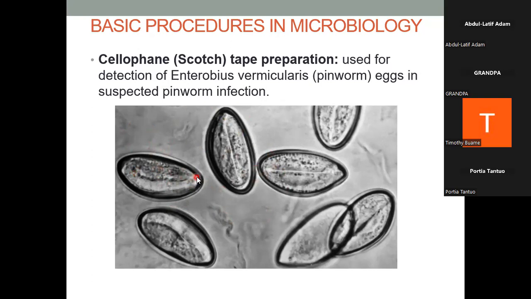You will never find Enterobius vermicularis in stool. You can tell me why. It is one of the intestinal parasites. How come that you never find Enterobius vermicularis in stool? Who can tell me? Anybody who can tell me, I will give the person some data.